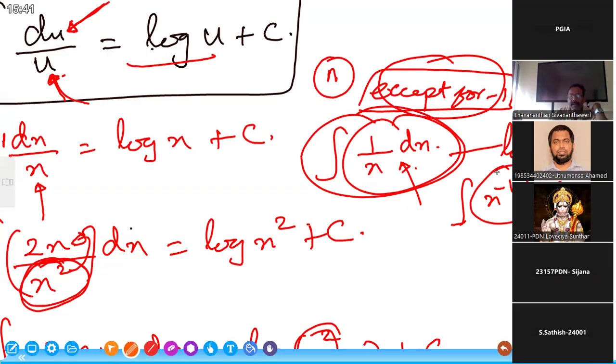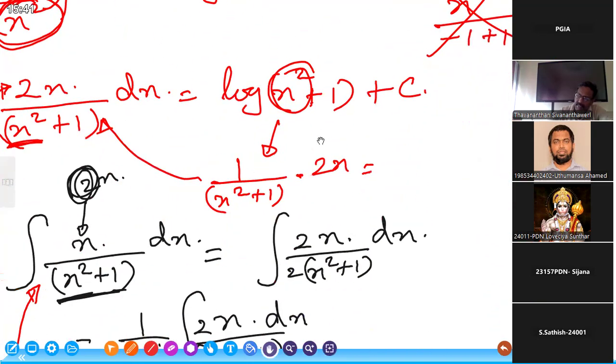If you do it by x to the power -1 plus 1, that is the wrong way of doing it. If it is x to the power -1, it is a log function. That is why we said earlier, in the beginning, except for -1. Is it clear to everyone?